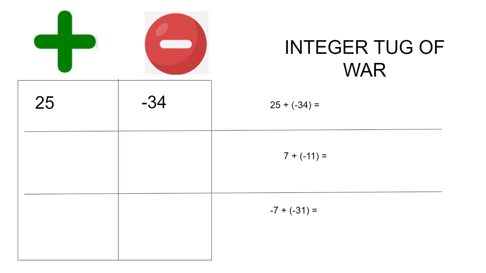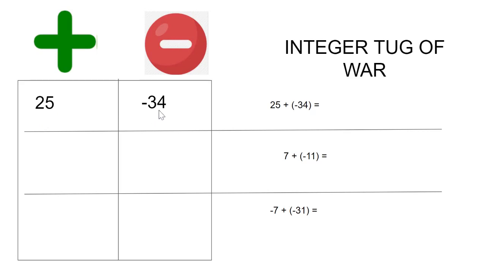Now, this is the tricky part. Is your answer positive or negative? Everyone always struggles with this. Well, you look for the number that has the largest absolute value. The absolute value of 25 is 25 because it's 25 spaces from 0.